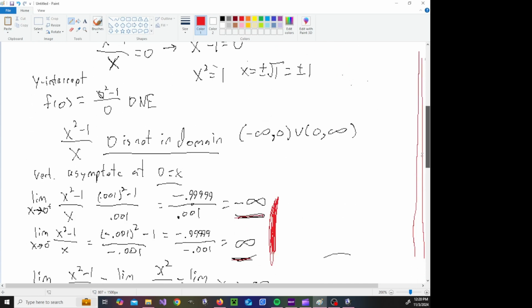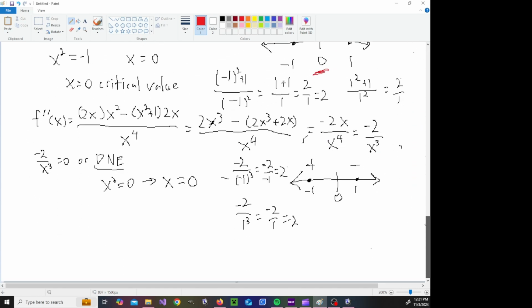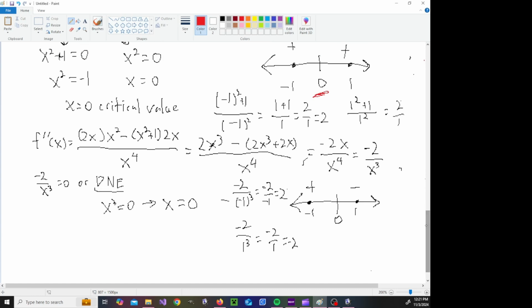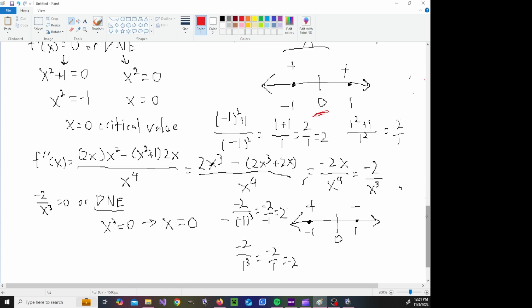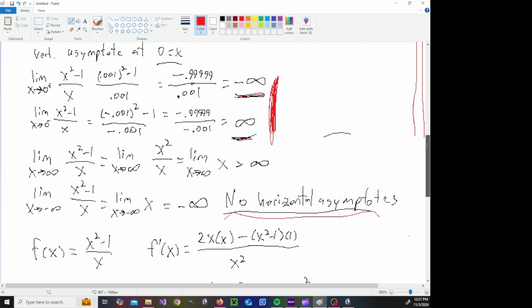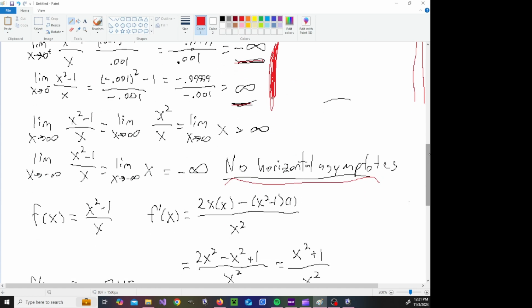Well, what is my concavity? I figured out I'm concave down everywhere to the right of 0 and concave up everywhere to the left of 0. Now, what are my left and right asymptotes, right? To the right, I need to go to +infinity.